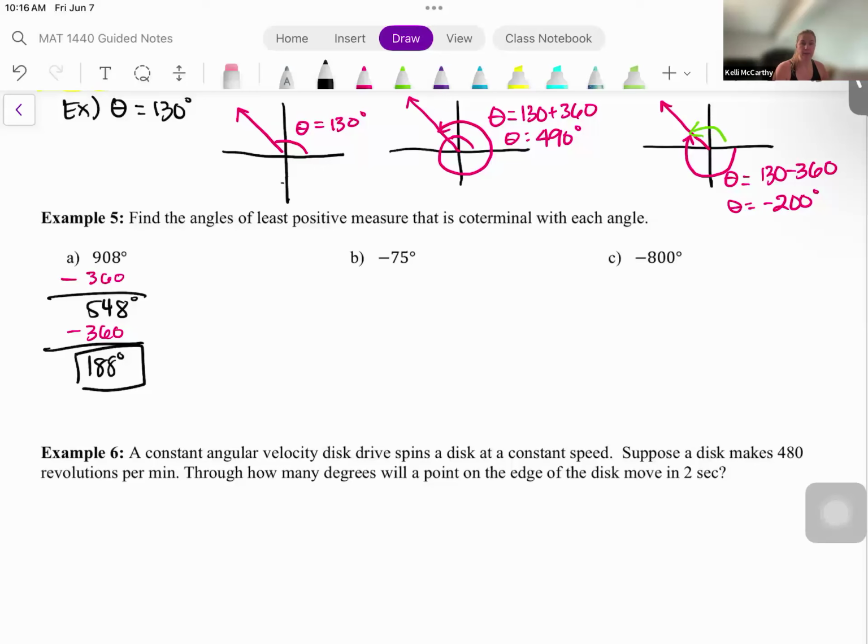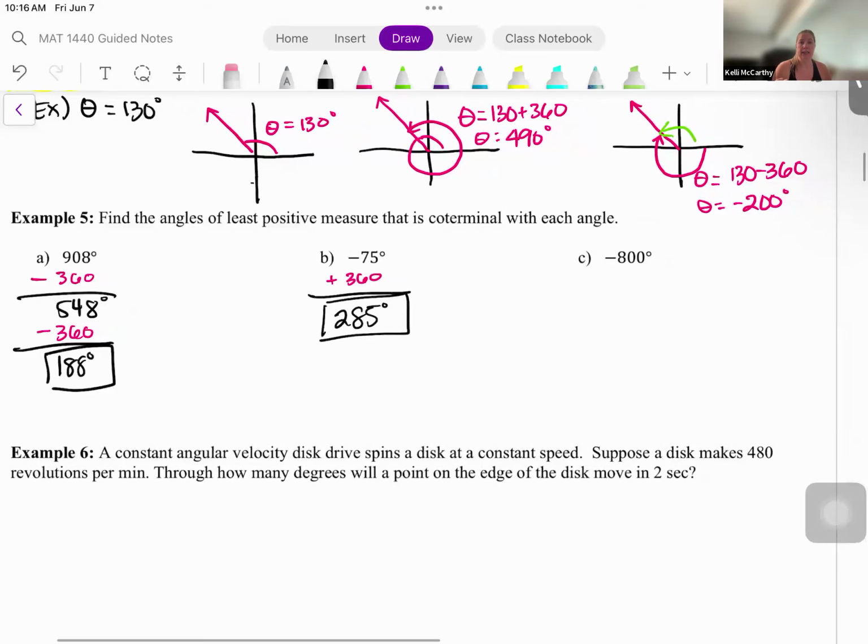For negative 75 degrees, because it's negative, we want to add 360 degrees so that we get into positives, and negative 75 degrees plus 360 degrees is 285 degrees. And for negative 800, again, because we want to become positive, we're going to start adding 360 degrees.